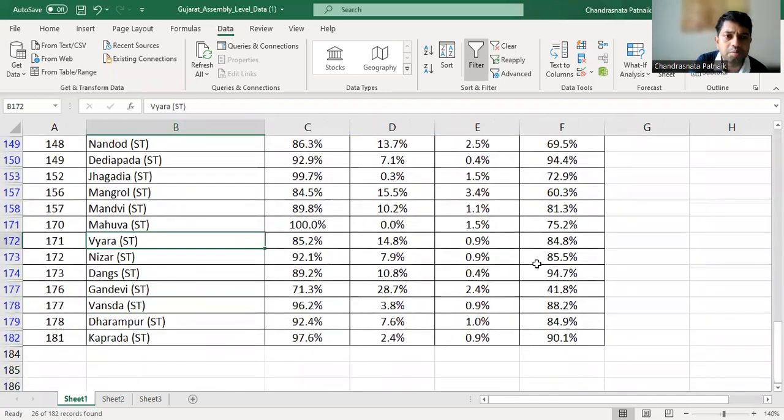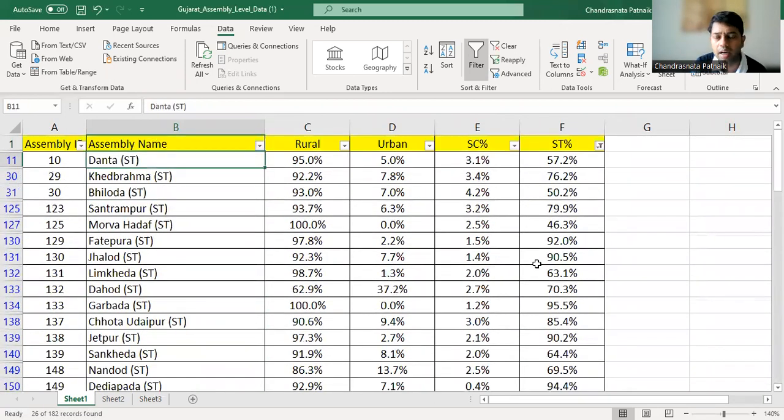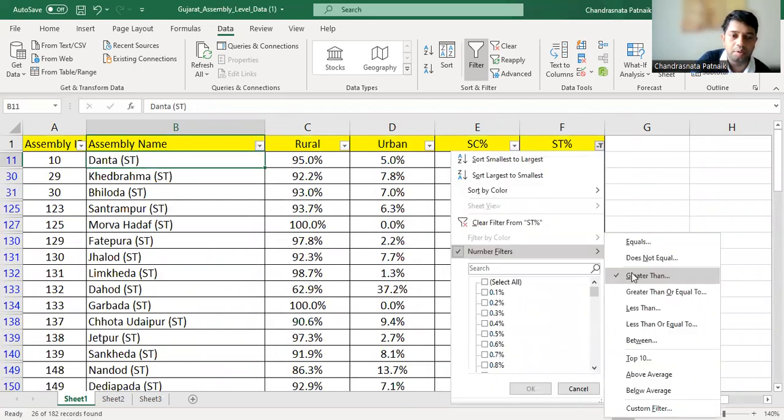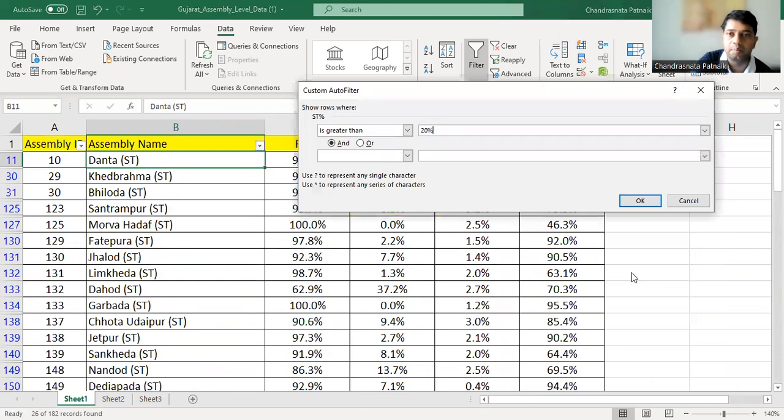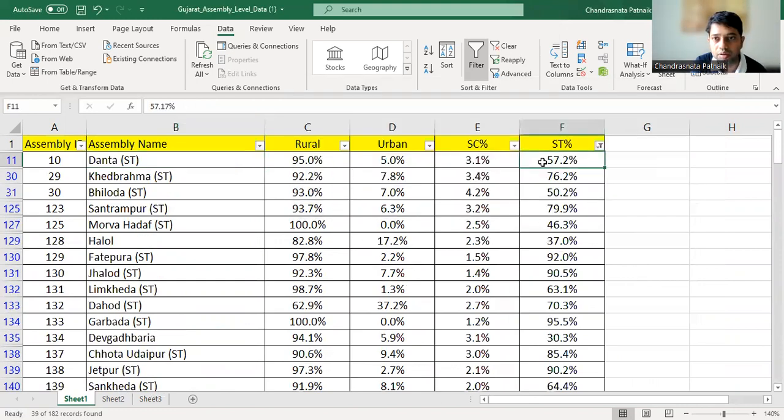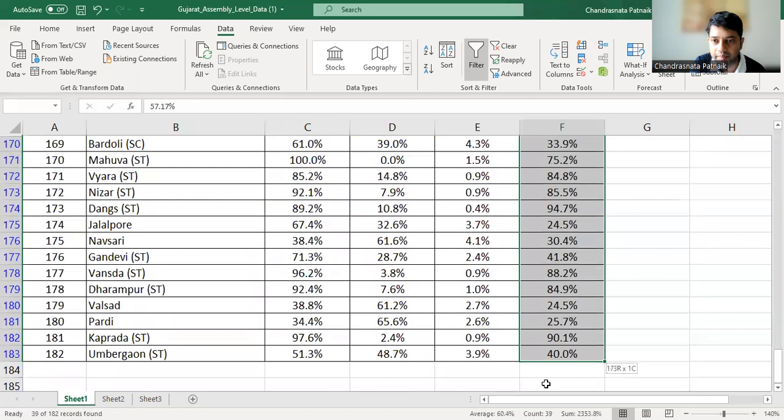Now I'm reducing the filter and putting it close to 20%. How many seats are there in Gujarat where the ST population is greater than 20%? The number appearing is around 39 seats.